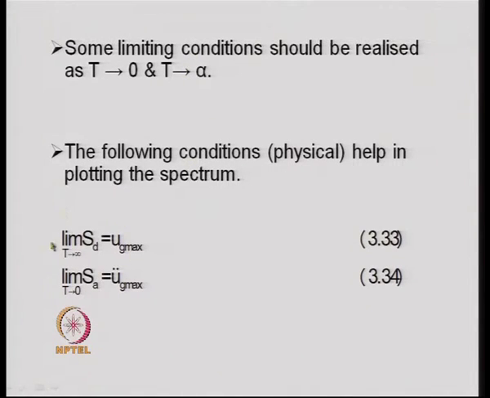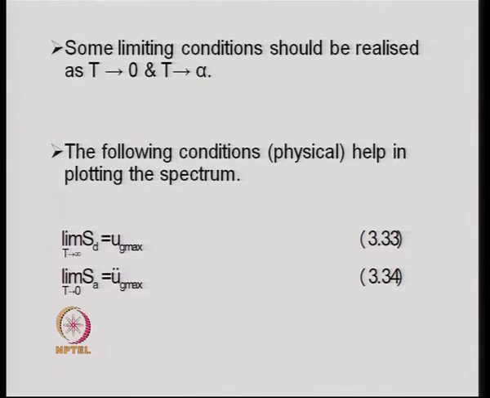And in fact, it can be easily shown that the limit of the maximum displacement as T tends to infinity becomes the maximum ground displacement itself. Similarly, the limit of the spectral acceleration as T tends to 0 becomes the maximum ground acceleration. Now, this can be easily realized from these two figures.